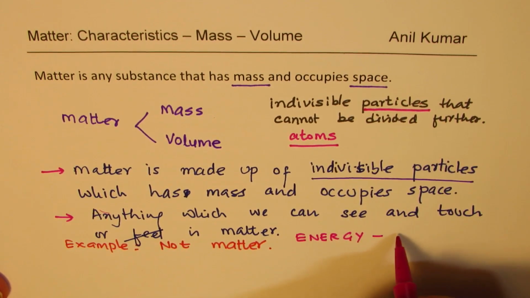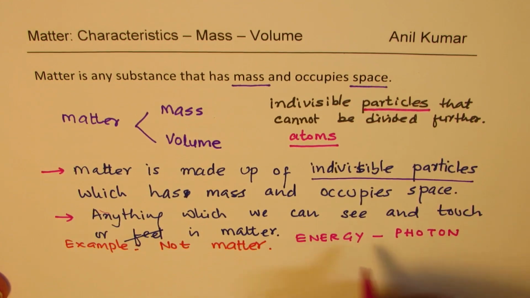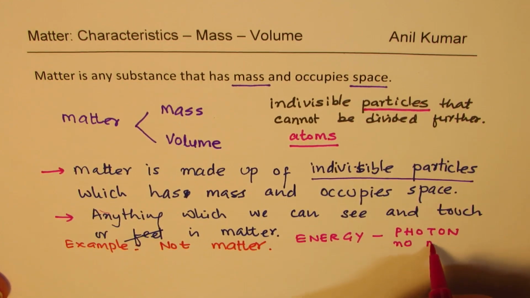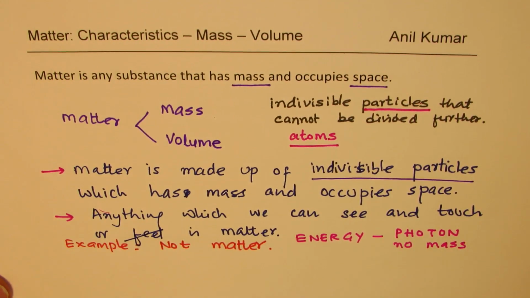We normally refer to this as photon. They have no mass. And therefore, they are not matters. Is that clear to you? Right. So with that, I think we get good information about matter. So anything which we can touch, we can see, is matter. They are made up of particles. They occupy space and volume. Correct?